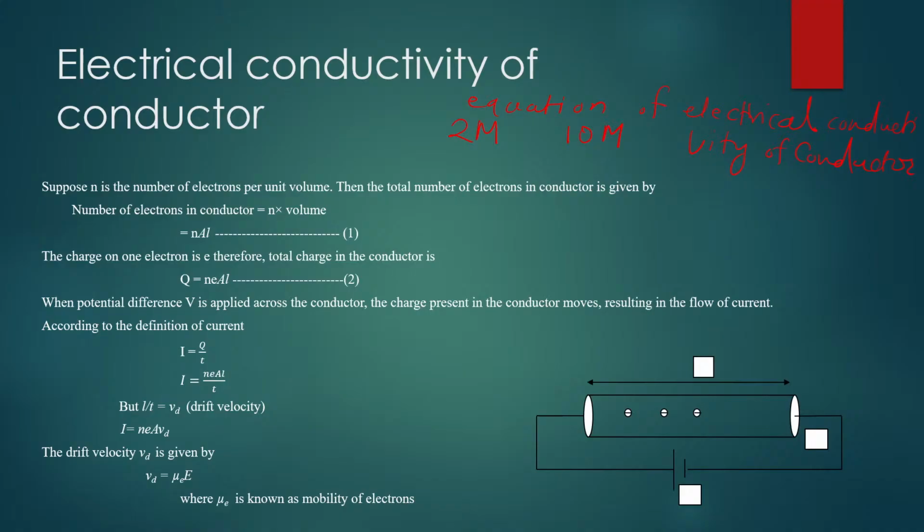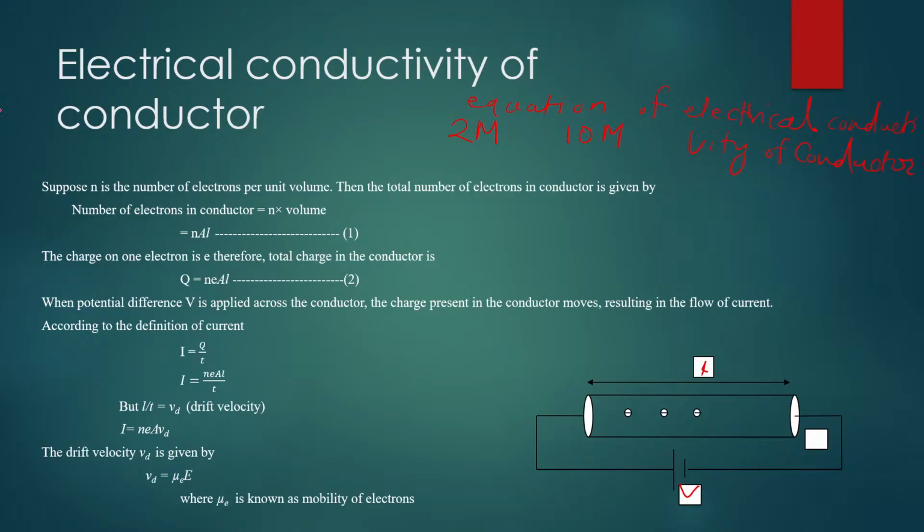Now the most important 10-mark question, electrical conductivity of conductor. In this case we consider a conductor having length L and area A, with a voltage power supply, and electrons moving inside the conductor.